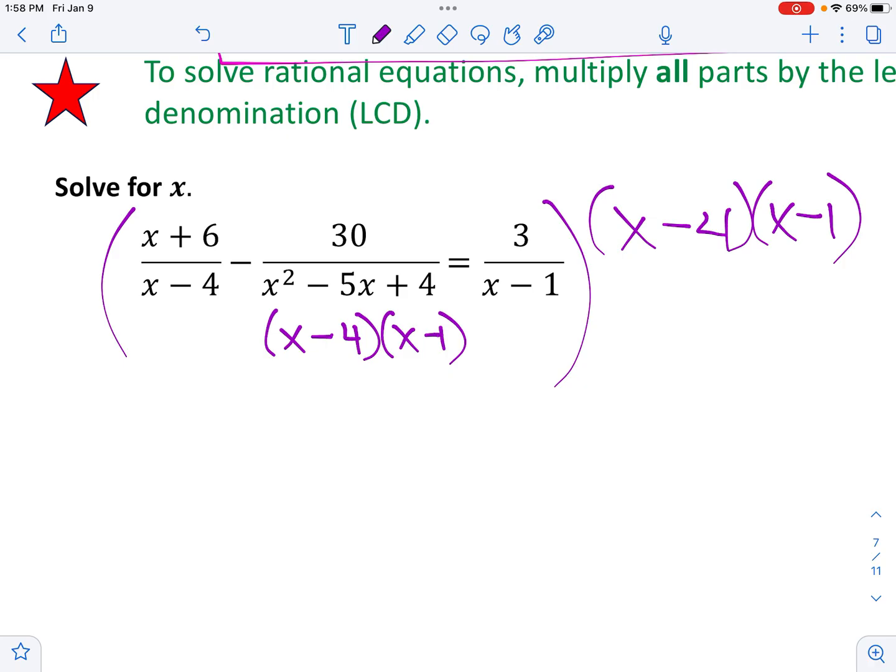If I do that to the first one, this fraction, the x minus 4 on the bottom is going to cancel out with the one in the top. So I won't write out the whole thing here this time. I would be left with x plus 6 times x minus 1.